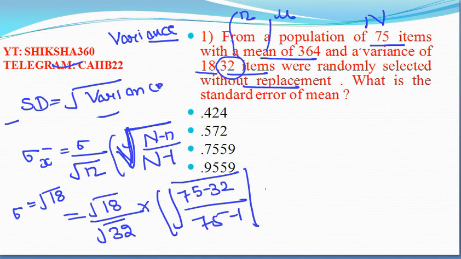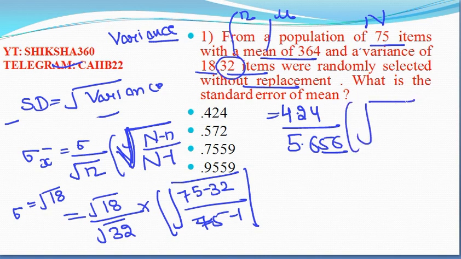Here I will write 4.24 upon under root 32, which comes out to be 5.656. Here it comes out to be under root 43 by 74, under root of that.